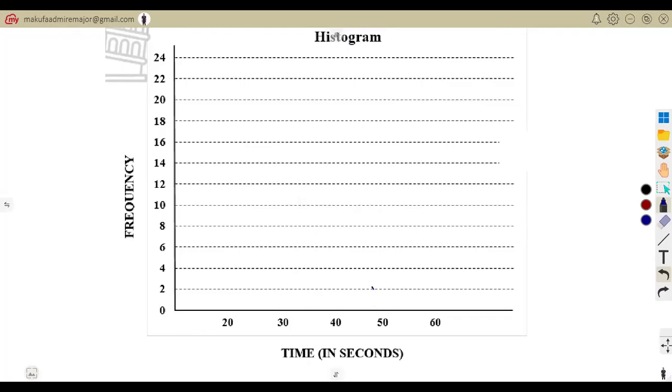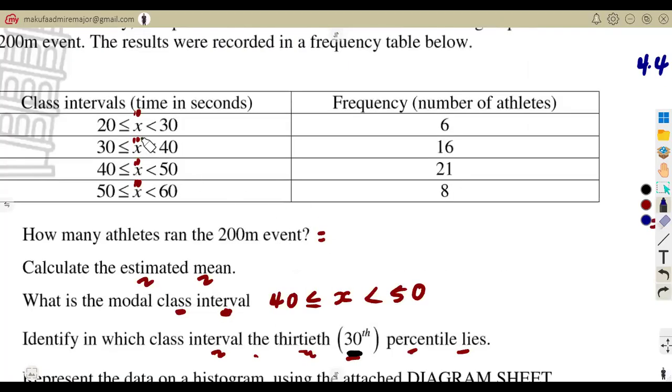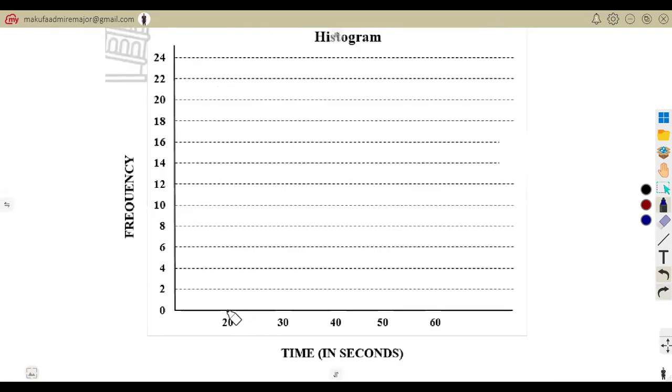You must consider this as a class. The first class is from where? 20 to 30, versus the frequency which is given as 6.